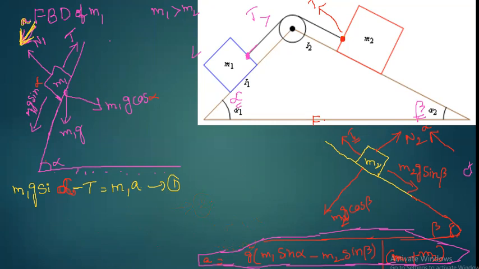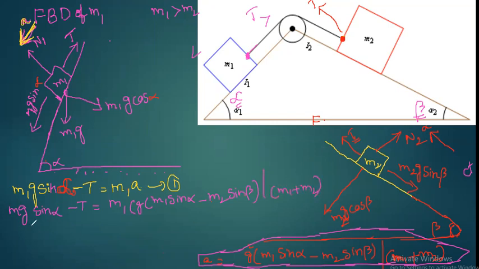What do we get? m1g sin alpha minus T is equal to m1 into g into m1 sin alpha minus m2 sin beta, divided by m1 plus m2.